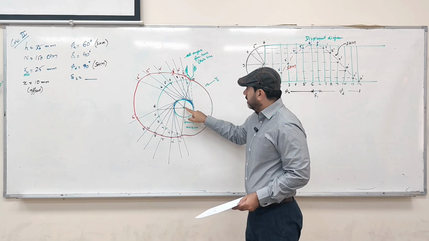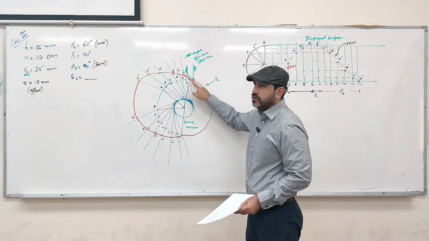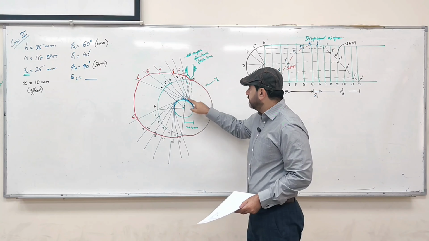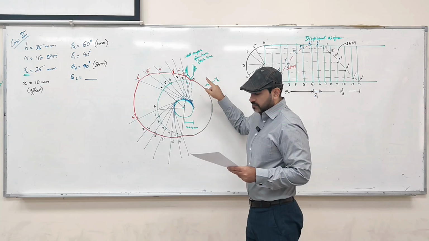After that, we join this black color line. You can see this black color line is joining from the center to the offset follower. This is the line from where we measure all the angles. So we draw 60 degrees, then 40 degrees, then 90 degrees, and then the rest is 12.